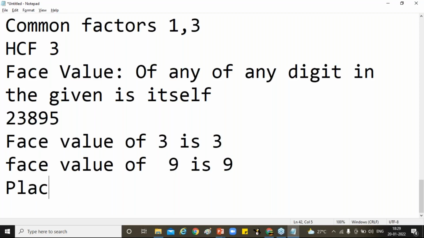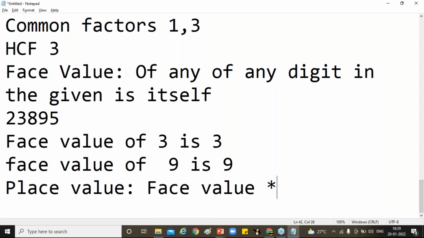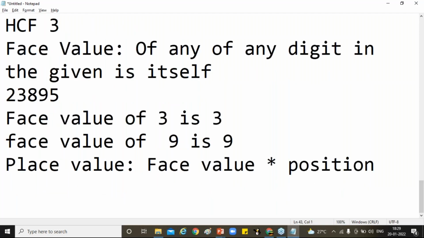And one more thing here, place value. The place value of a digit in the given number is the face value of the digit into its position. For example, 23895.